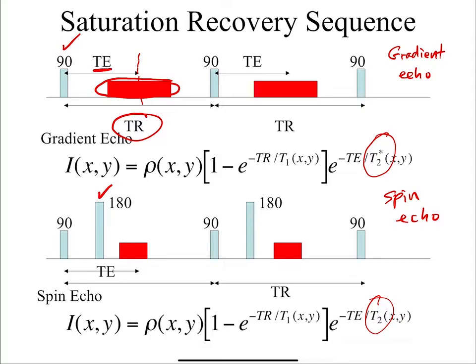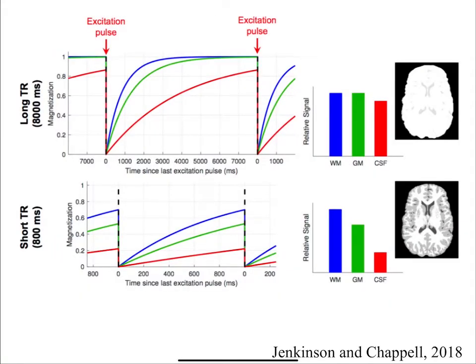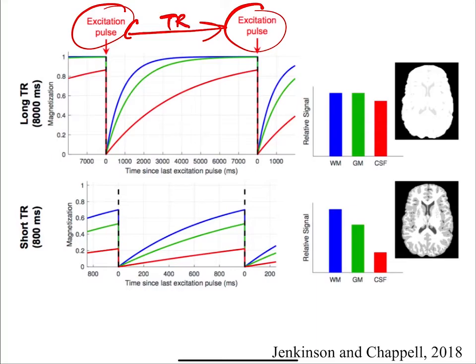But let's talk a little bit about how you might set TR and TE. So here's an example from your reading where the excitation pulses are spaced like this. So this distance here is TR. And these are 3 different tissues, white matter, gray matter, CSF, with different T1s.